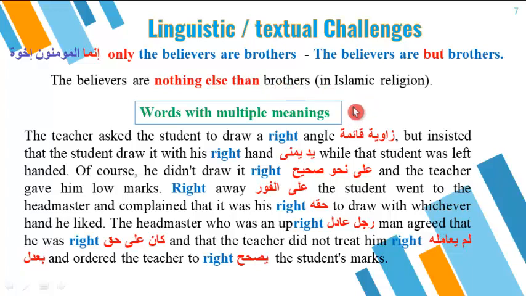Of course, one of the challenges that the translator faces is the multitude of meanings of lexical words. Let's take an example, write in English, and see the number of meanings it has in just this simple text.